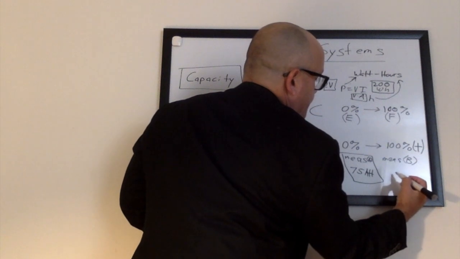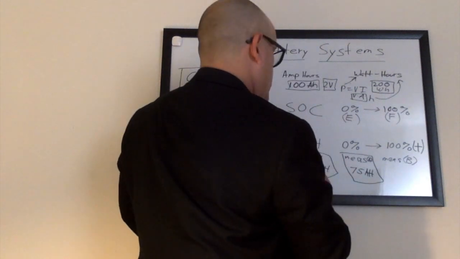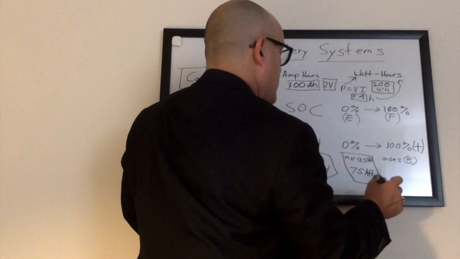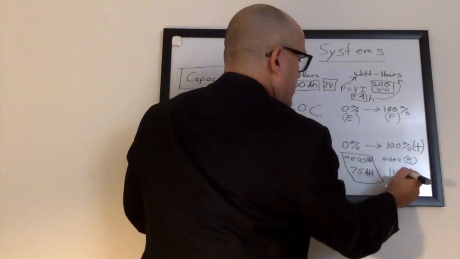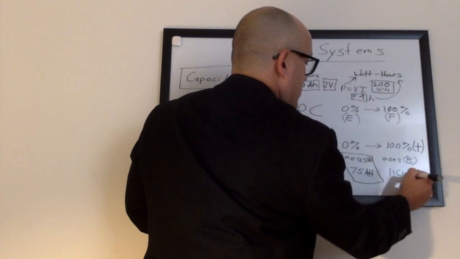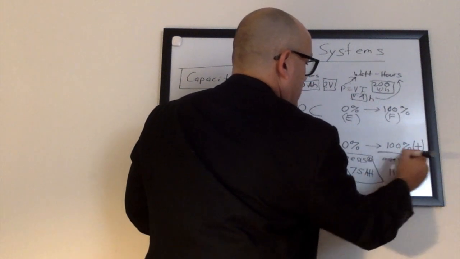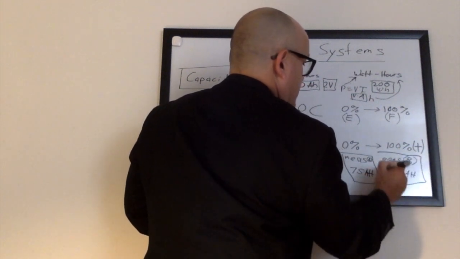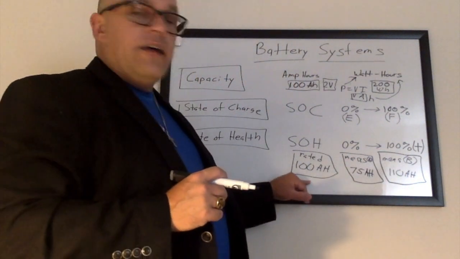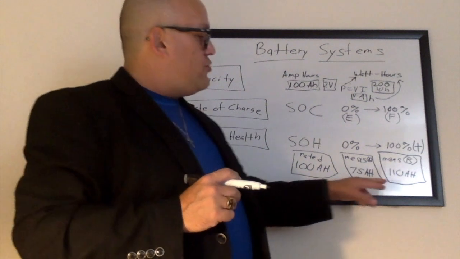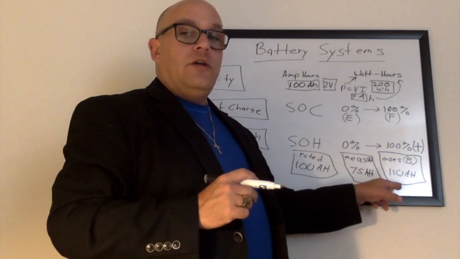Let's say measurement B is also 110 amp hours. And this is possible, by the way. Those of you who are not familiar with batteries, this is definitely possible to have a rated capacity of 100 amp hours and measure it, and it'd be 110 amp hours.